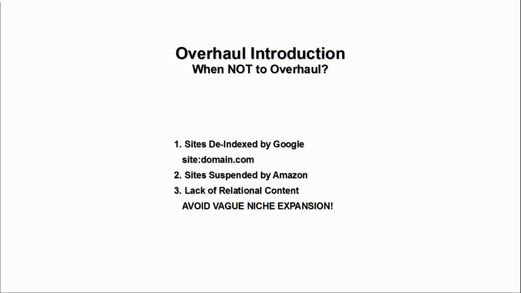However, it doesn't necessarily mean that these sites have to be completely abandoned. If you do have a site that was penalized by Amazon that you could no longer use with that network, simply look for a different affiliate network to use.